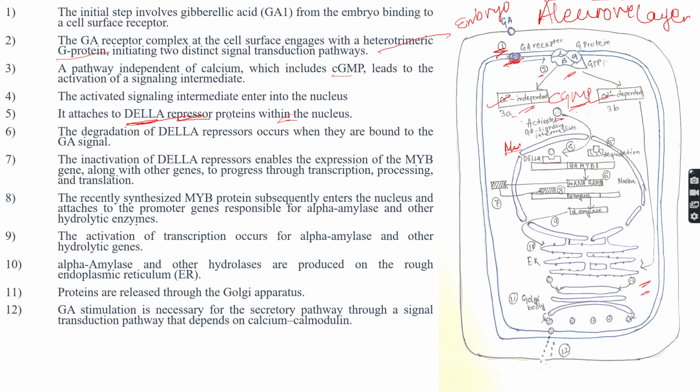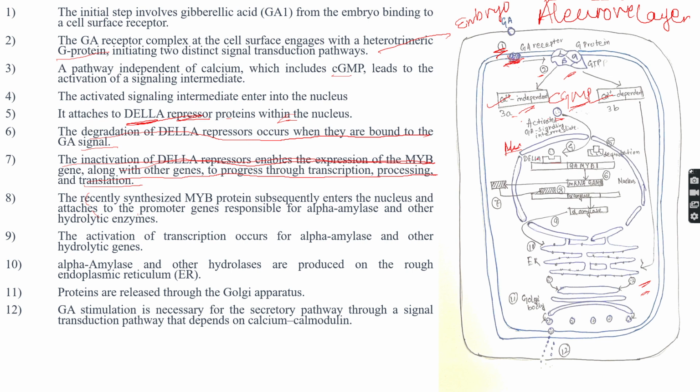The inactivation of DELLA repressor enables the expression of the MYB gene. The degradation of DELLA repressor occurs when they are bound to the GA signaling intermediates. And next, the inactivation of DELLA repressor enables the expression of the MYB gene along with the other genes to progress through transcription and translation.